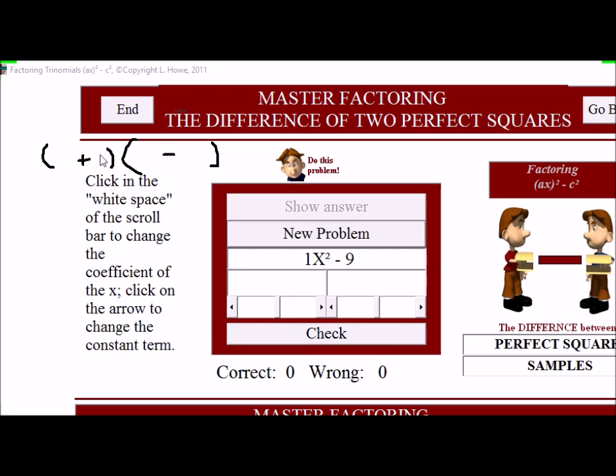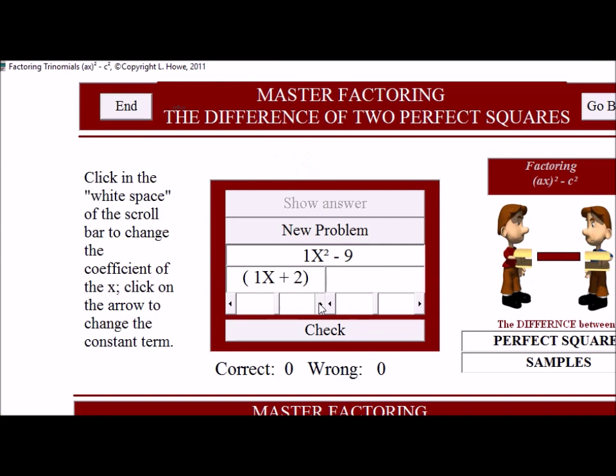One was plus and one was minus, x and x. And what number gives you 9 where the two quantities are the same? Well, it's 3 and 3. So this is x plus 3, it doesn't matter whether you do the plus or the minus first, and times x minus 3, we win.